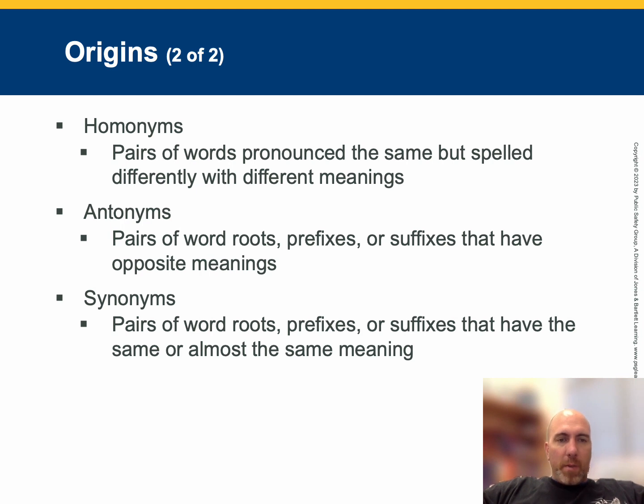Homonyms are a pair of words pronounced the same but spelled differently, with different meanings. Antonyms are a pair of roots, prefixes, and suffixes that have opposite meanings. Synonyms are a pair of word roots, prefixes, and suffixes that have the same or almost the same meaning.